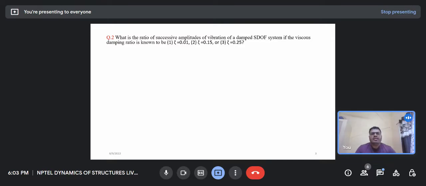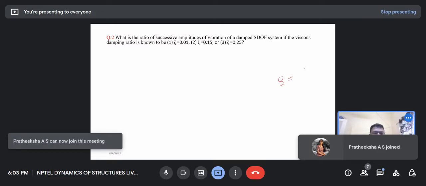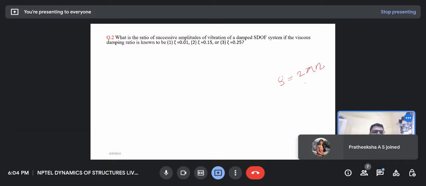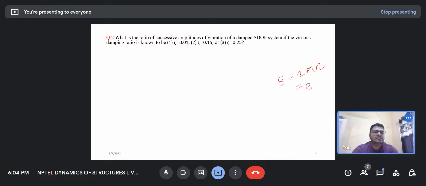As you know, damping can be represented as delta equal to 2 pi xi over the square root of 1 minus xi square, and delta is ln of ui divided by ui plus 1.